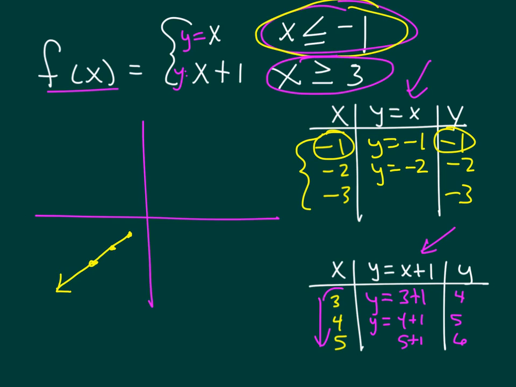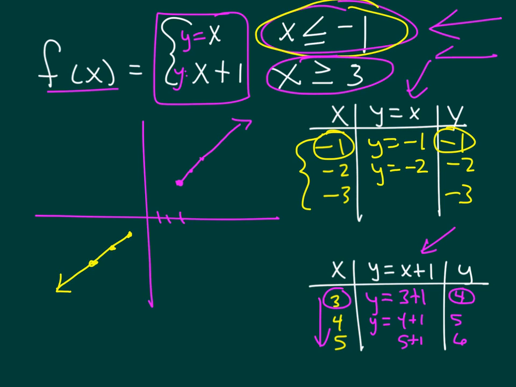So that creates a coordinate point of 3, 4. So 3, 4 is going to be about 1, 2, 3, and then up 4, about right there. And then 4, 5 would be one step further, and then 5, 6 would be one further than that. And we connect it going away this way. So this creates a piecewise function using both of these equations and of course both of our domain restrictions.